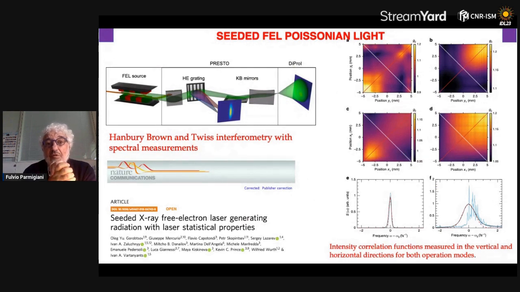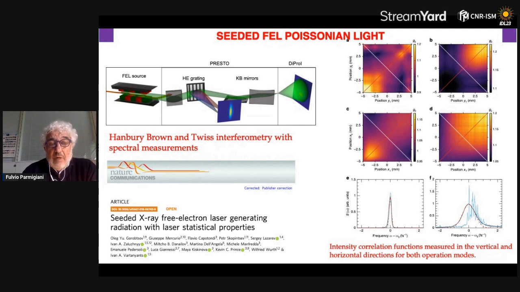Well, that was a very interesting experiment. That was done on a beamline at FERMI using a Hanbury Brown and Twiss interferometer. That is a variation of the Hanbury Brown and Twiss interferometer, I would say. And of course, FERMI can be used in a SASE mode as well as in the seeded mode.